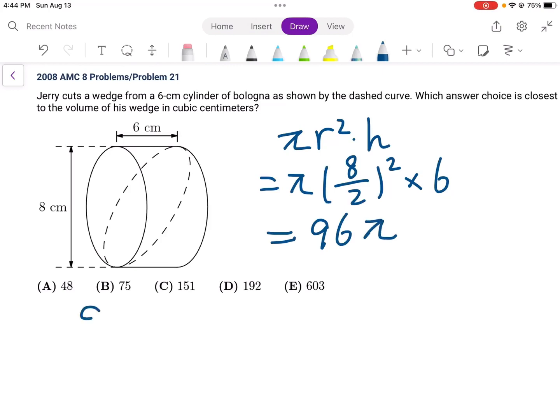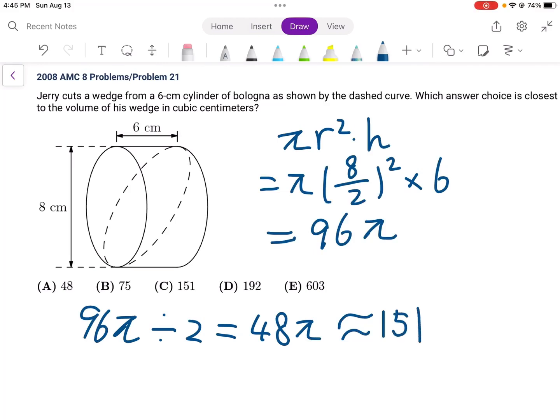So 96 pi divided by 2 equals 48 pi, and that is approximately 151. The answer is C.